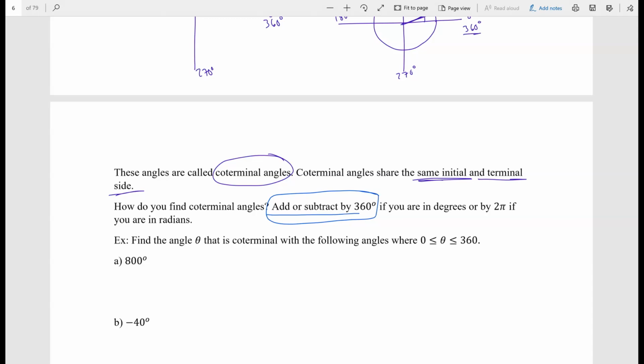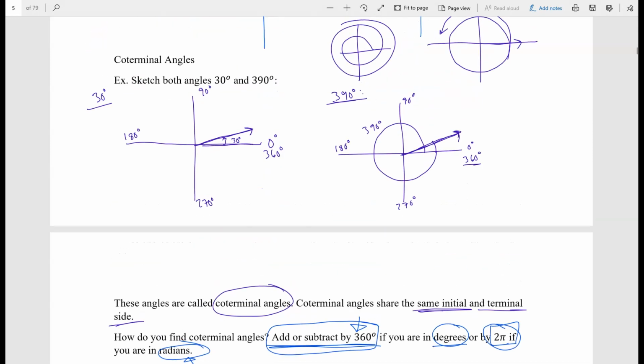If you're in degrees, you add or subtract 360. If you are in radians, you add or subtract 2 pi. Notice that if I take 30 degrees and add 360 degrees, I get 390 degrees. So these two are coterminal angles.